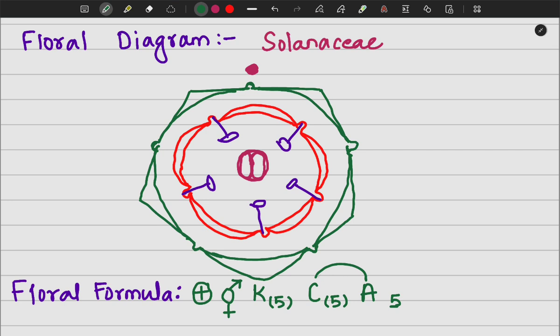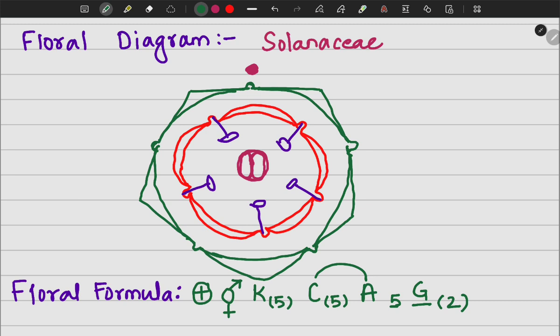So we will show the epipetalous condition using this symbol over the androecium and corolla. And gynoecium, we studied that the ovary is superior, and bicarpellary syncarpous we will show like this, 2 carpels fused.